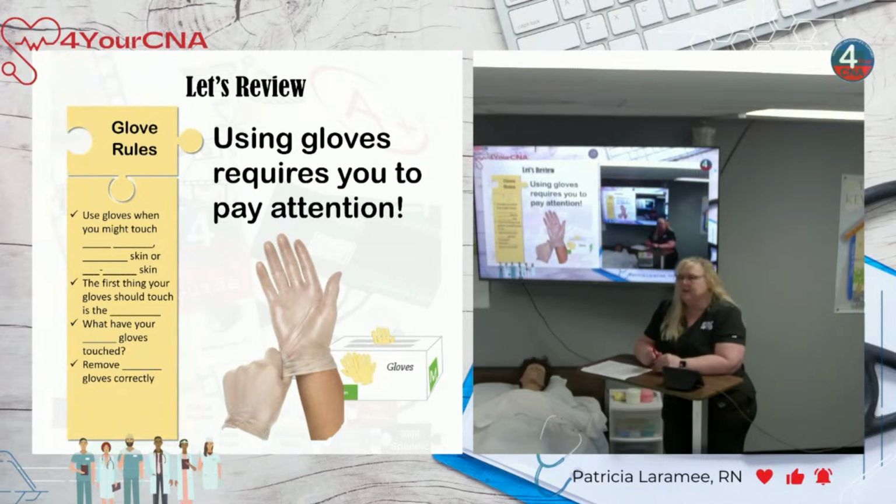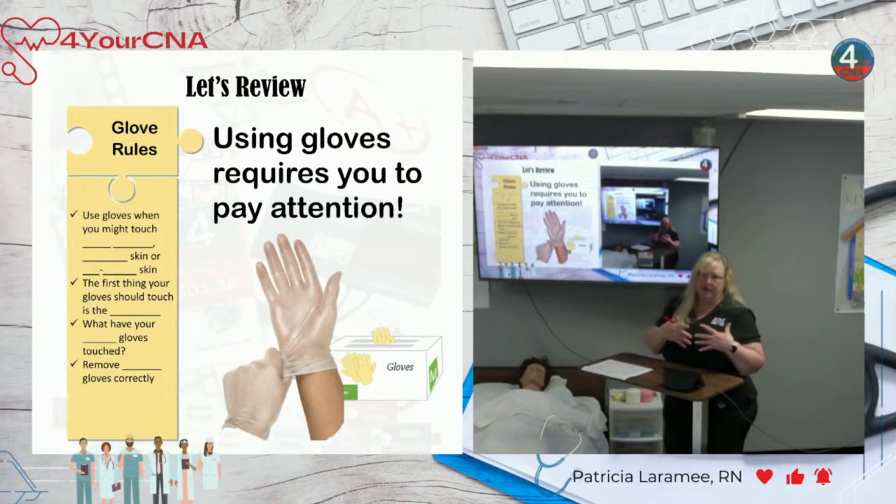So let's say that I'm going to go in and, I don't know, put EKG tabs on a female patient, okay? And she has no undergarments on. So I'm going to be working around her breasts. Now, she has no body fluids.